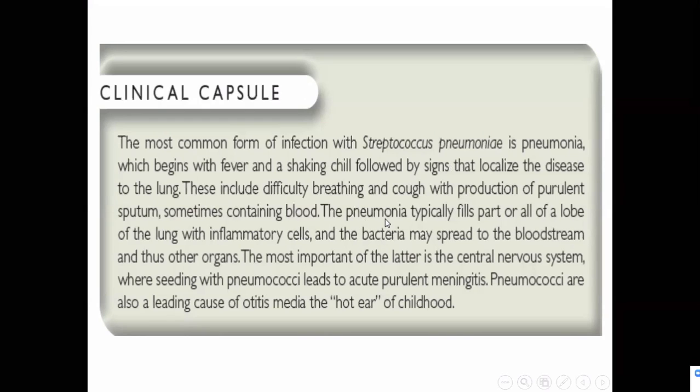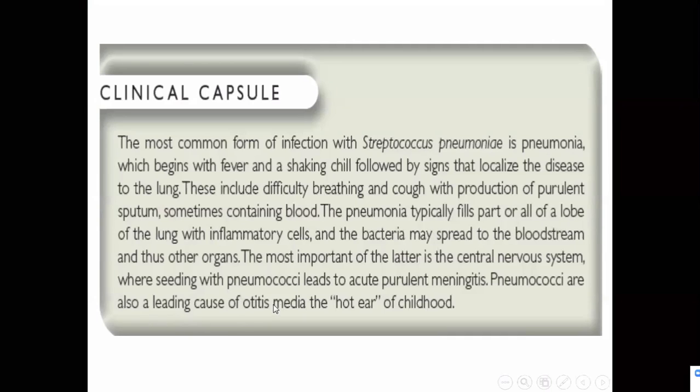Today, we are not speaking about the respiratory tract to talk about pneumonia, but Streptococcus pneumoniae is one of the important causes of lobar pneumonia. 95% of lobar pneumonia is caused by Streptococcus pneumoniae, and from there, they can invade the bloodstream and reach the central nervous system and cause purulent meningitis. Their capsule will prevent their phagocytosis and destruction by the complement, so they can escape to the blood and cause meningitis.